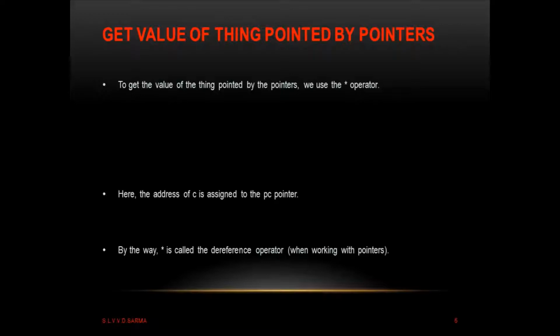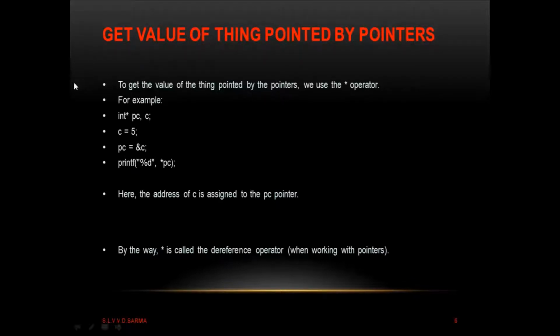In pointers we use two symbols: one is the ampersand symbol and another is the asterisk symbol. The ampersand symbol is called the address operator, and the asterisk symbol, in the pointer context, is called the dereference operator.